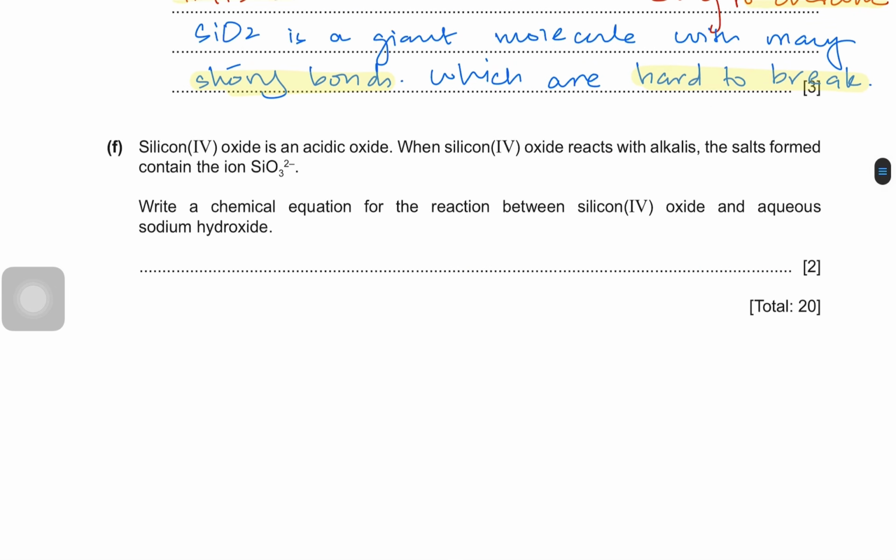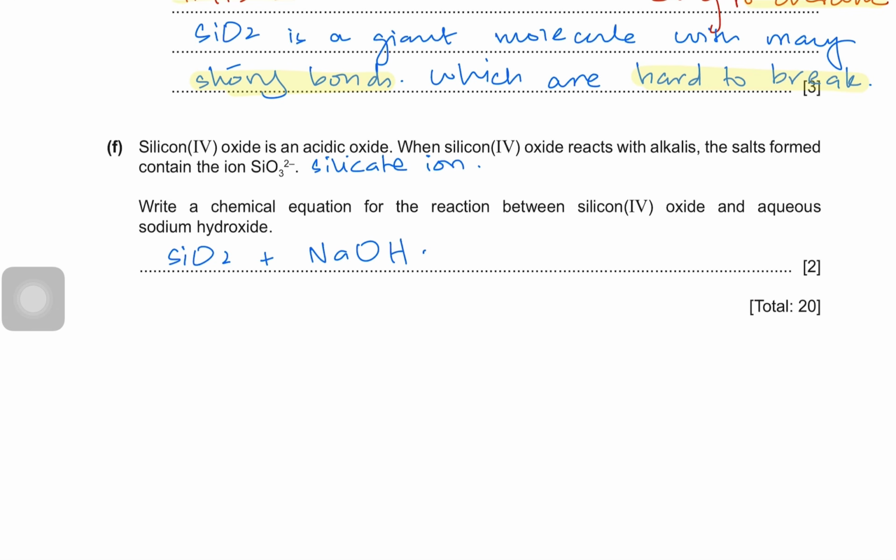Moving on. Silicon oxide is an acidic oxide. When silicon oxide reacts with alkalis, the salt formed contains the ion SiO3 2-, which is known as silicate ion. Write a chemical equation for the reaction between silicon 4 oxide and aqueous sodium hydroxide. So silicon dioxide reacts with sodium hydroxide.